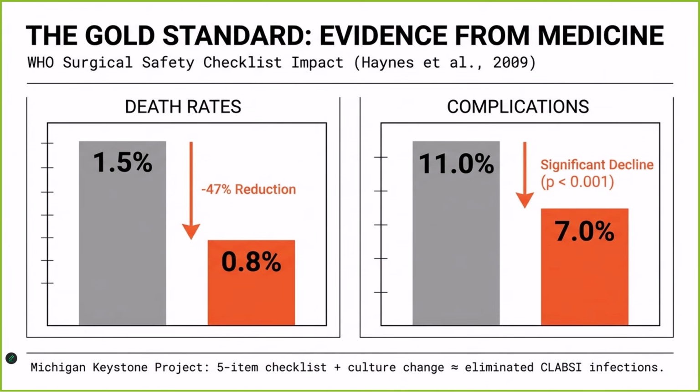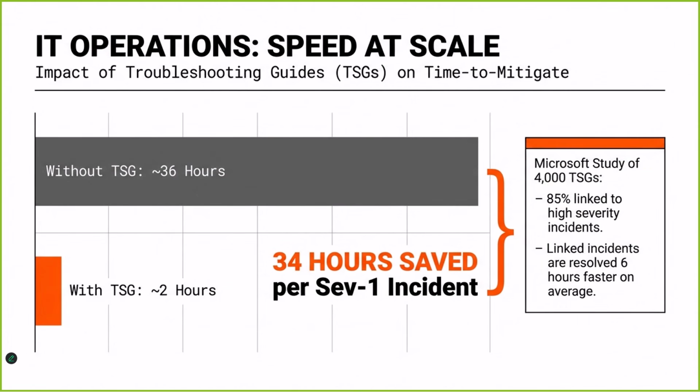Why do we know these things work? Well, some of the most important areas in the world, like healthcare. The World Health Organization Surgical Safety Checklist, for example, reduced death rates by 47%. Complications went from 11% down to 7%. We have also found this in technology. Researchers within Microsoft did a large-scale study of 4,000 troubleshooting guides.